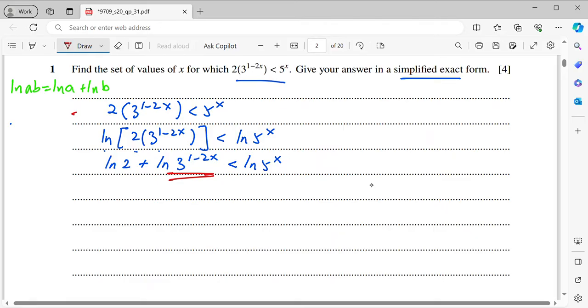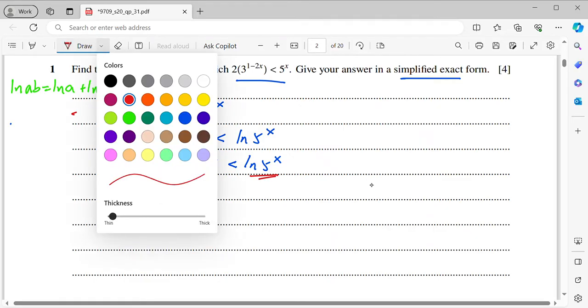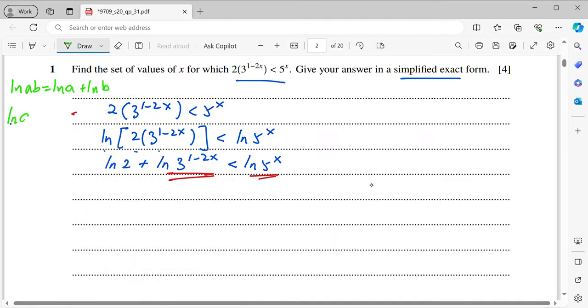Same goes to the right side. The formula is ln A to the power of B equals B ln A. So that means I will be getting ln 2 plus (1 minus 2x) ln 3 less than x ln 5. From here, I will do expansion for the second term on the left hand side.